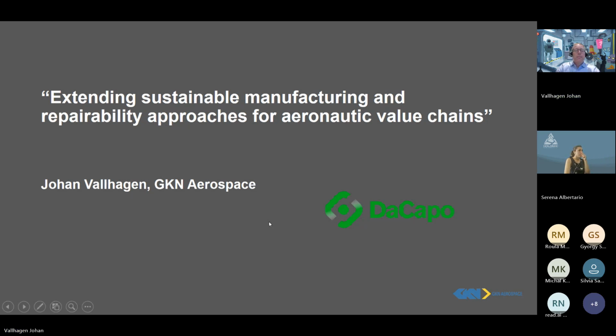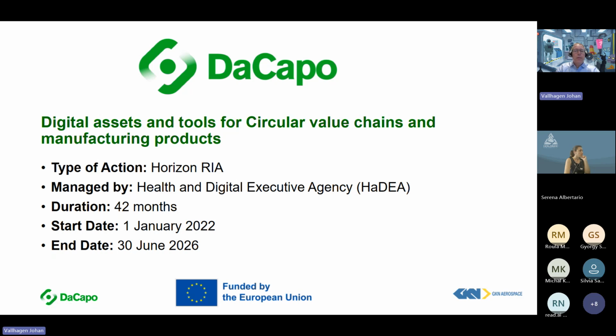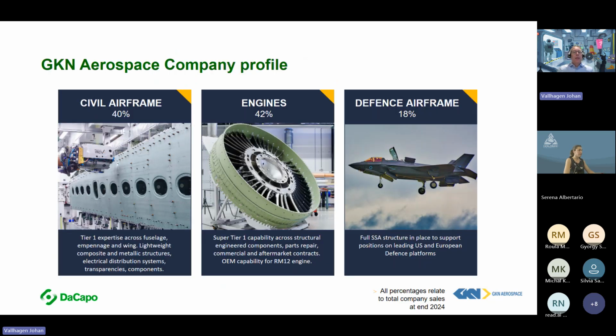So yeah, some formal information about our DaCapo as a reference. I will not go through that now. GKN, then, we're an aerospace company, and we have 3 different business areas or domains, we can call it: the civil airframe business, the defense airframe business, and then the engine part where I belong, or the headquarters in Sweden.